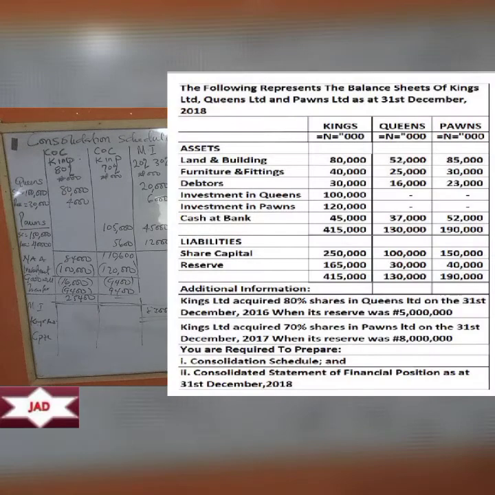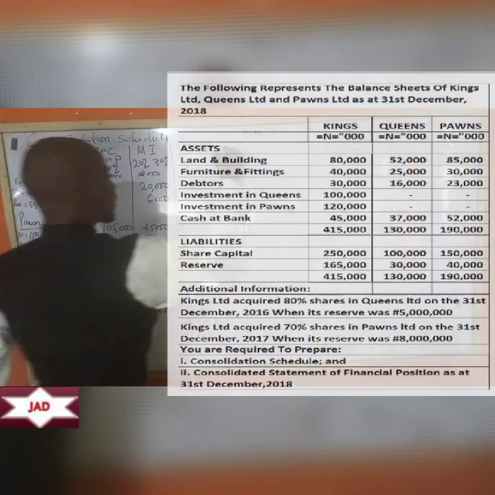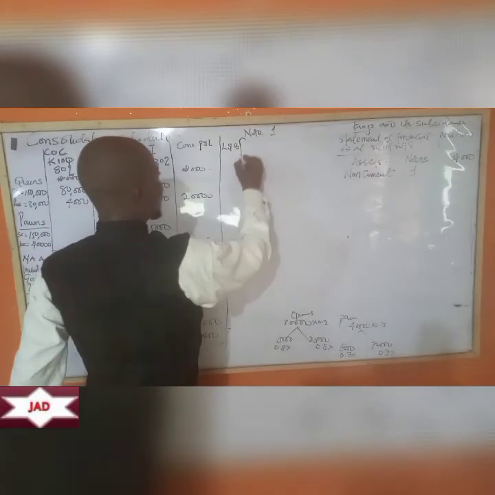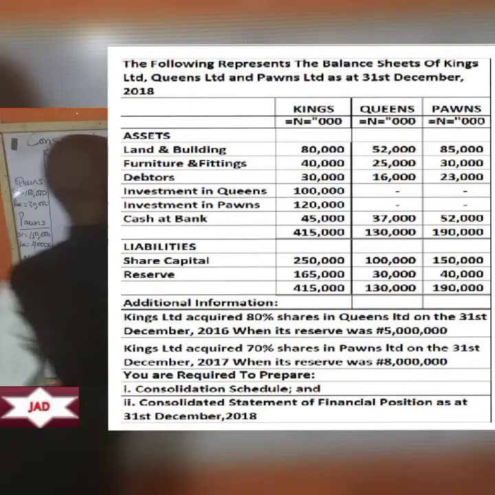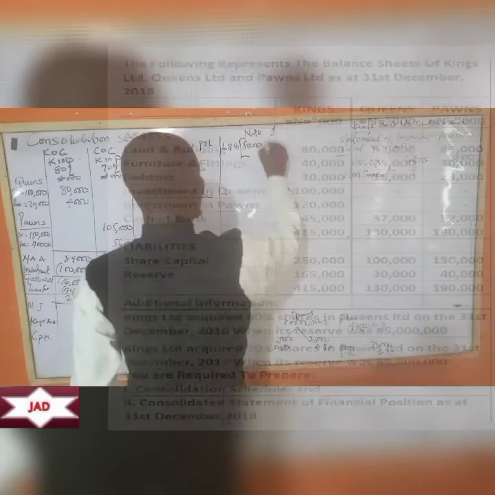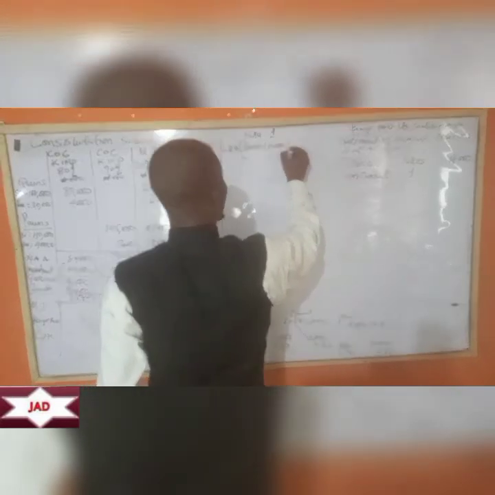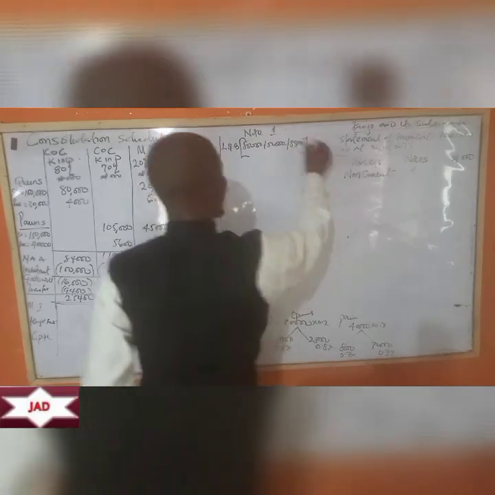So what do we have? We have land and building. So what do we have? We have 80, 52, 85. 80,000, 52,000, 85,000. Okay?